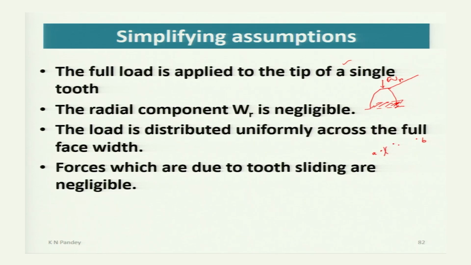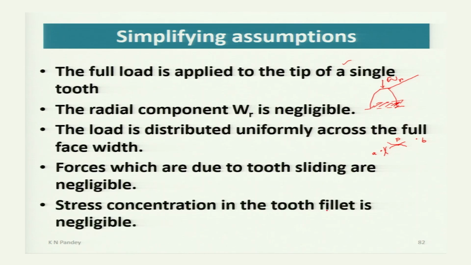But at the pitch point P, there is a pure rolling action. So in the derivation of the Lewis bending equation, it was assumed that there is no sliding. It means the contact at the pitch point was considered, because at other places along the path of contact there will be a combination of sliding and rolling action.